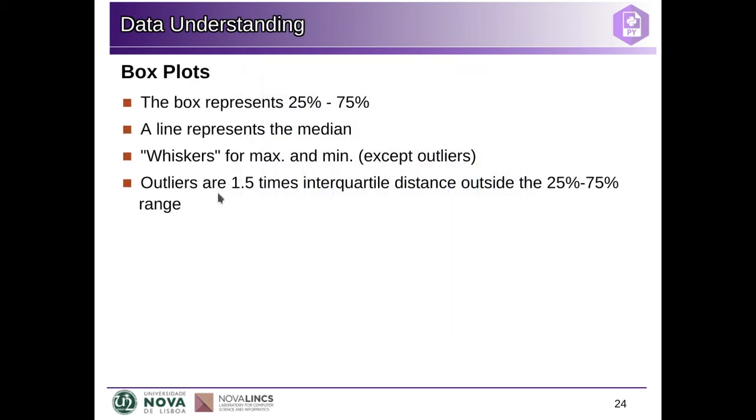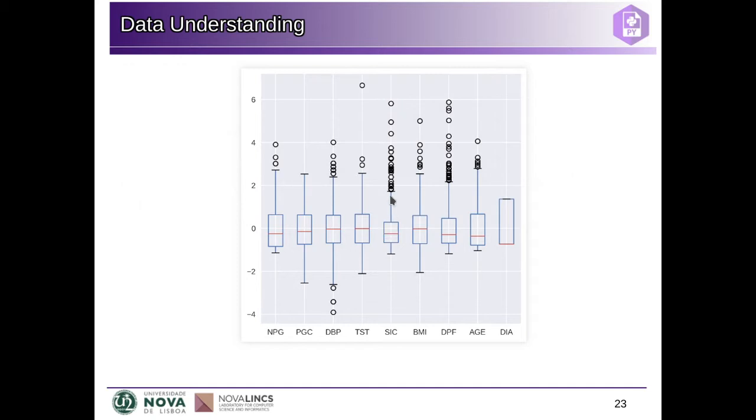The outliers are defined as those that are away from the box more than 1.5 times the interquartile distance. So if you have points whose distance from the box is more than 1.5 times the size of the box, they are considered outliers. These parameters can be changed, so you can fine-tune the parameters of the box plot, but this is the general idea.